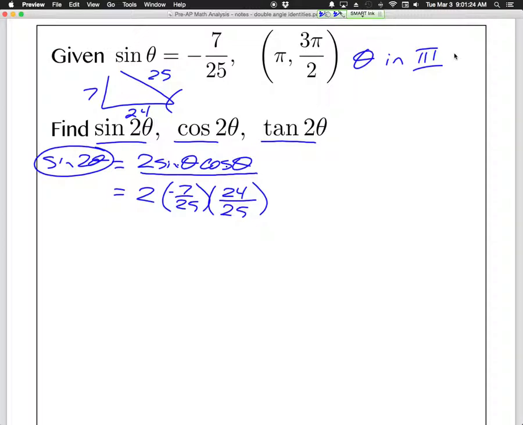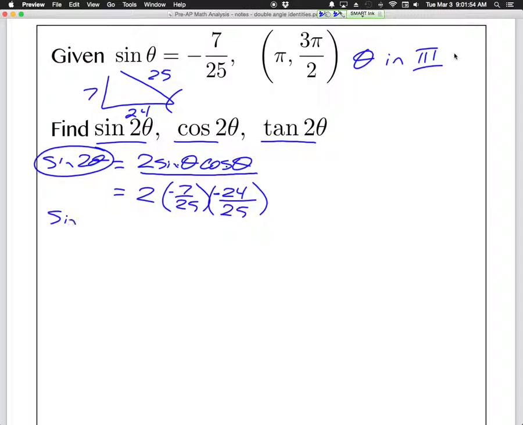But I also need to determine if it's positive or negative, and which one is it and why. It is negative because my angle is in quadrant 3, and the only things positive in quadrant 3 are tangent and cotangent. So that means this also has to be negative.